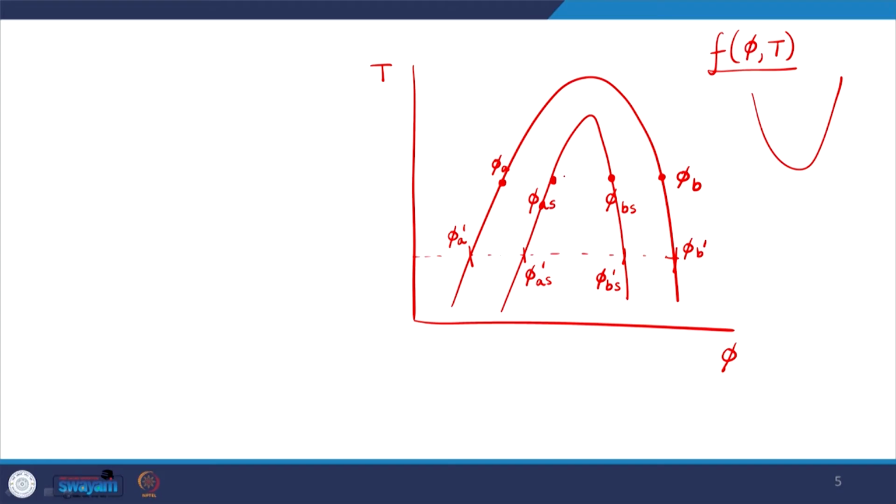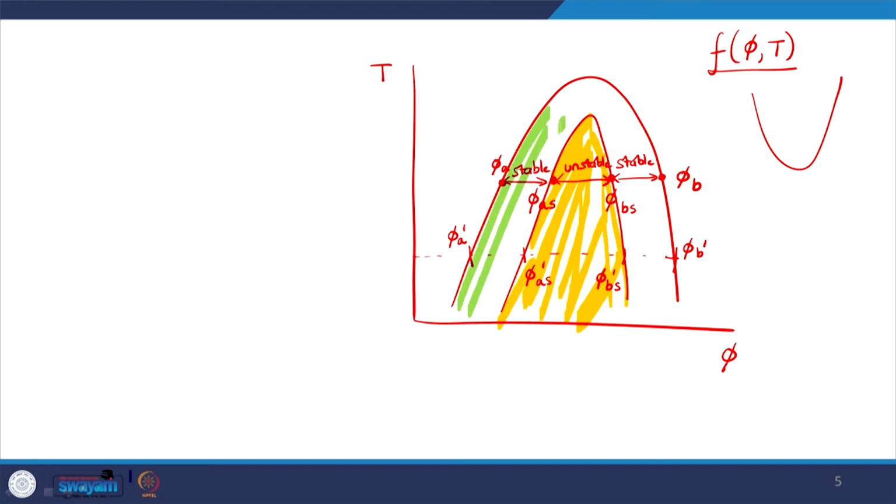Now, using that logic, since we were unstable between phi AS and phi BS and stable in the remaining part for the temperature under consideration, if I look at the entire temperature space, we have a regime in the phase diagram that is unstable and another regime that is stable.